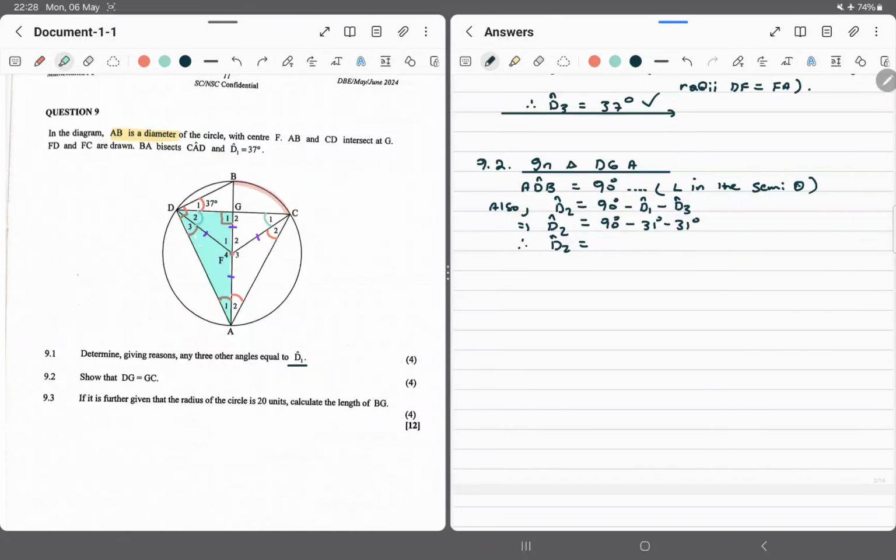Therefore, D2 is going to be 90 minus 37 times 2. Maintain vigilance, guys. It gives us 16 degrees. All right. So we needed that D2.